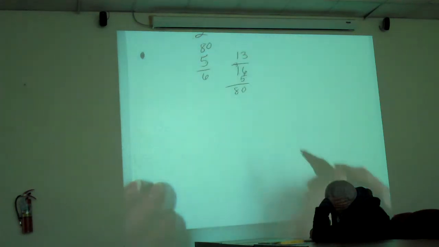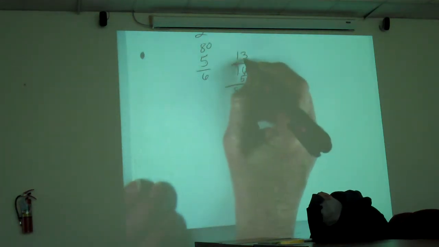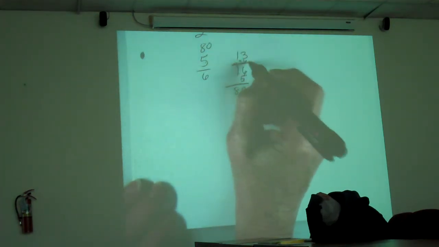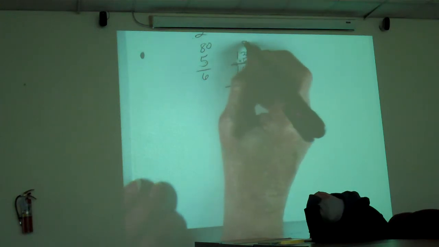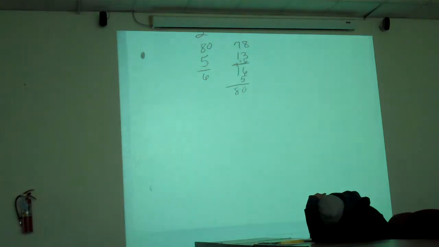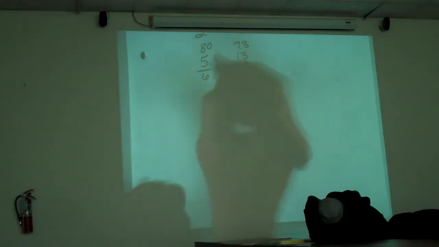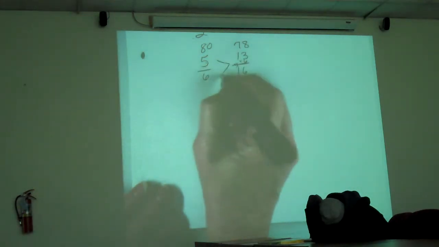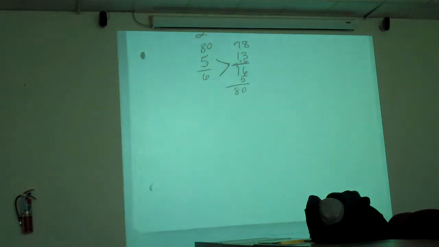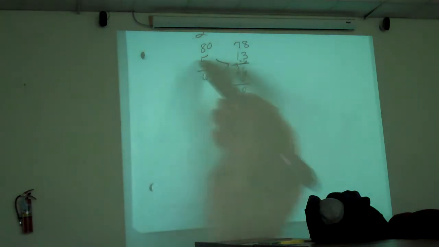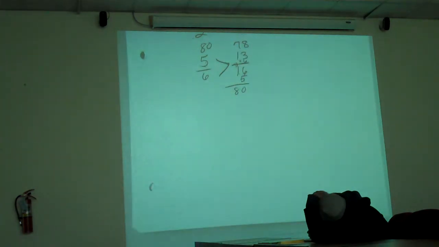So that one's 80. 6 times 13, 6 times 3 is 18, that's 78. Now you can see which one's bigger. The 80's bigger, this one's bigger. So you put the greater than sign where it gobbles up the big one. Okay?